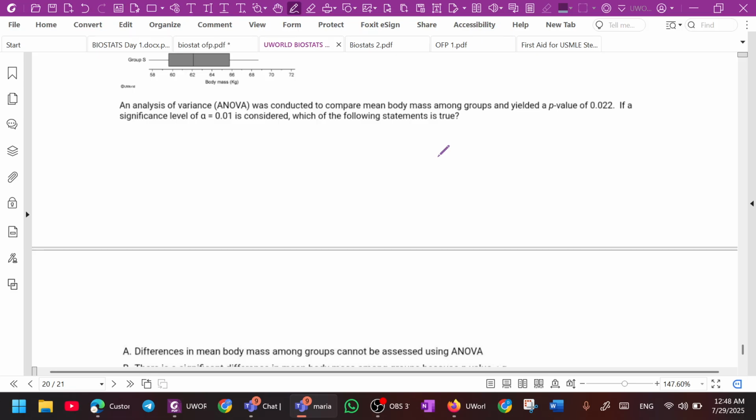So you mean this p-value is less than alpha. So 0.02 is less than 0.01. Is this true? False. No.